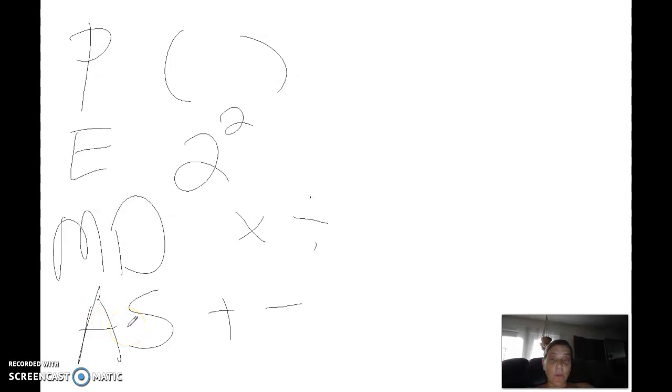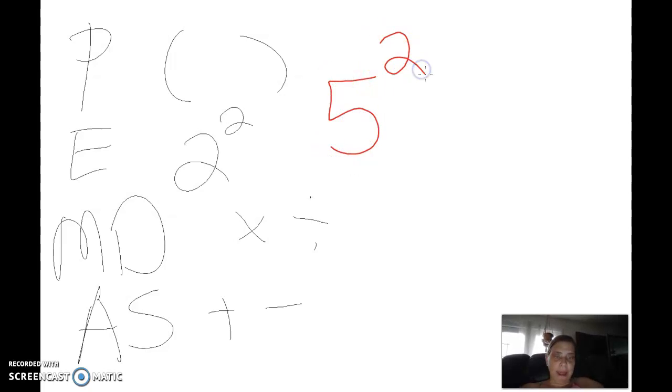So just kind of a quick little lesson on exponents. We want to talk about what that means. So for example, if we have 5 raised to the second power right here.